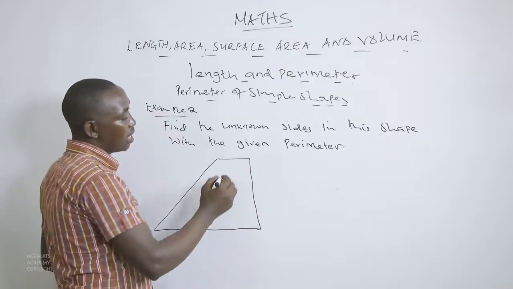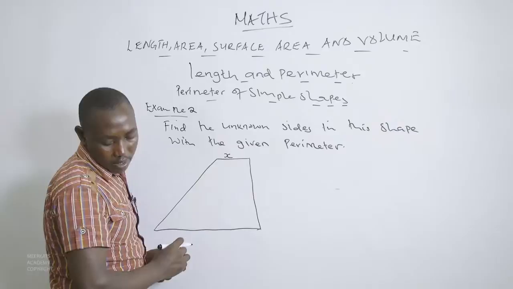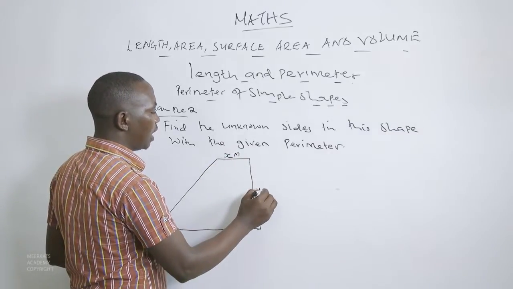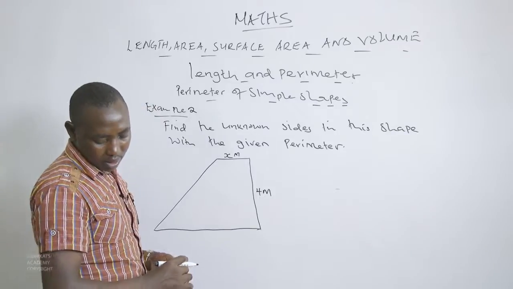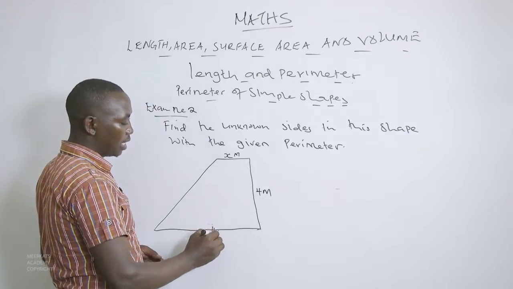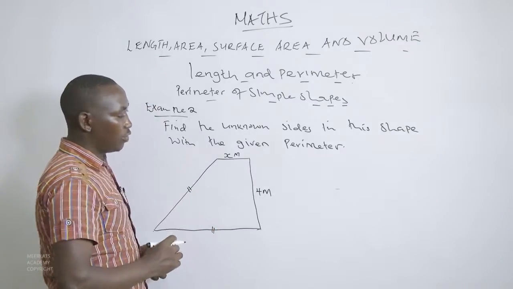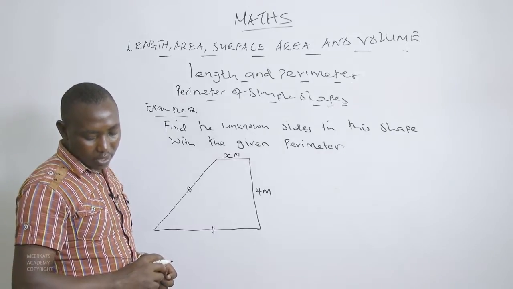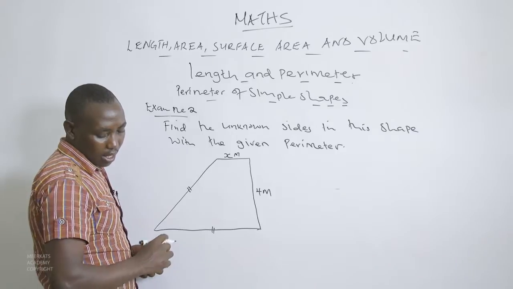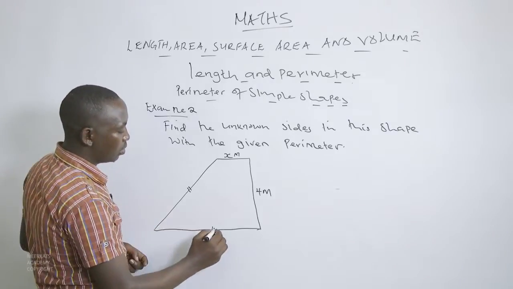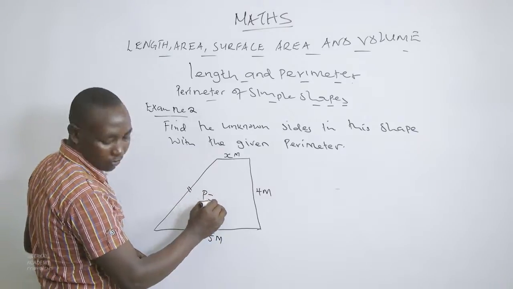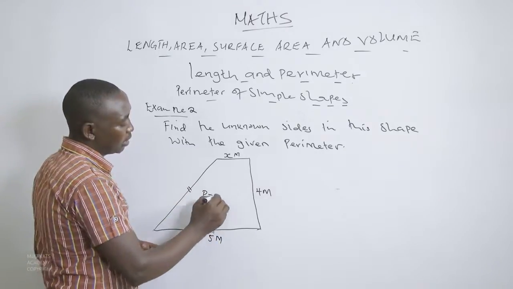We are told that this side is x meters, this side is 4 meters, and this other side is equivalent to this other side, and you're told that this is also 5 meters. The perimeter of this figure, we are told, is 16 meters.